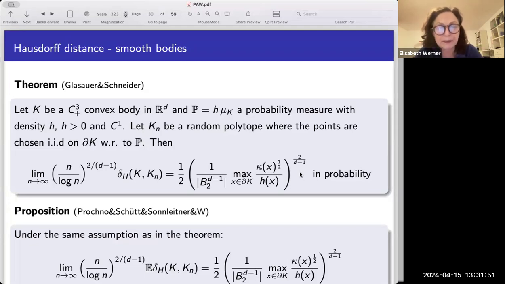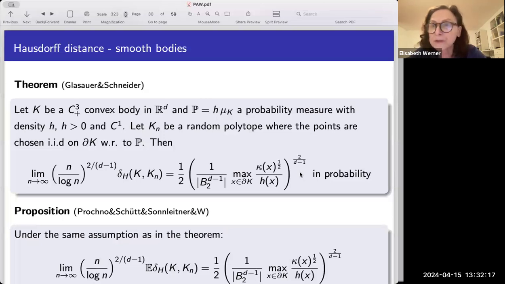So we'll get the same dependence on the number of chosen points, n over log n to the 2 over d minus 1. Then the expected Hausdorff distance between K and the random polytope, the limit as n goes to infinity, exists and is equal to the same expression as in the Glasauer-Schneider result above.